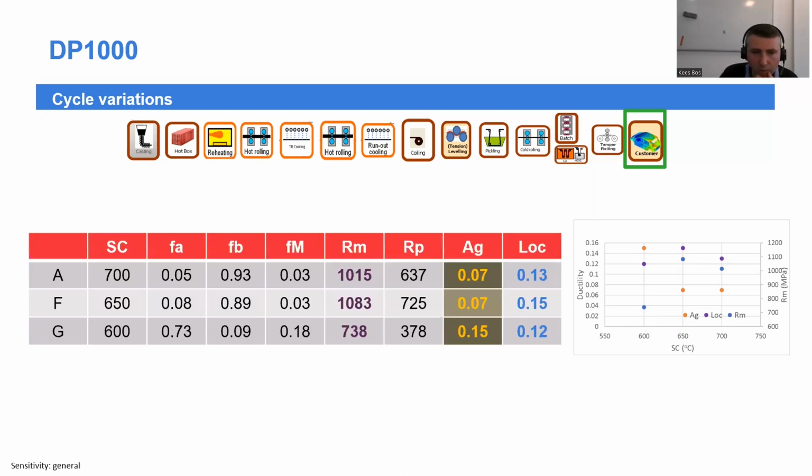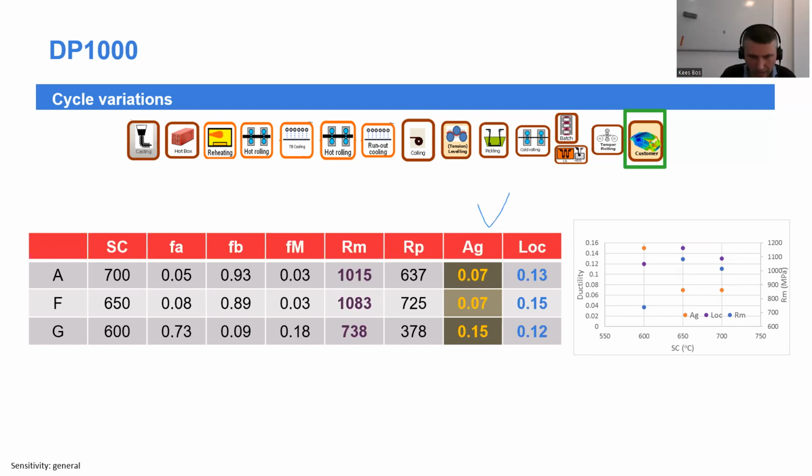And if we look at the numbers, you might wonder, well, we lose a lot of strength, so why are we not rewarded also with a better local ductility? That's of course because here we have introduced much more martensite into our microstructure, where the phase contrast between martensite and ferrite is much larger, and it is quite well known that this is quite bad for things like hole expansion or edge ductility.